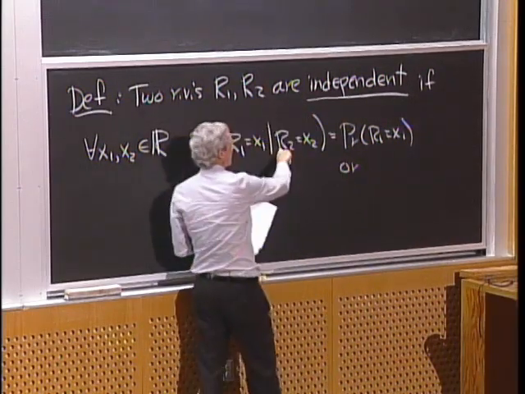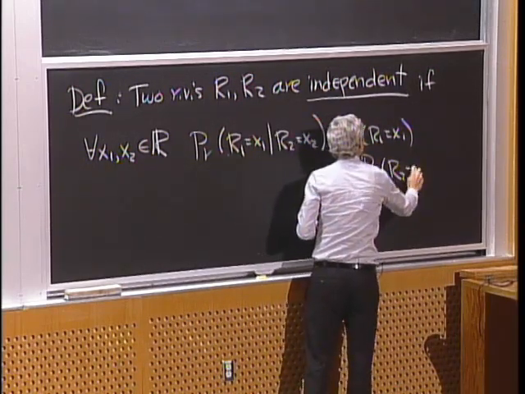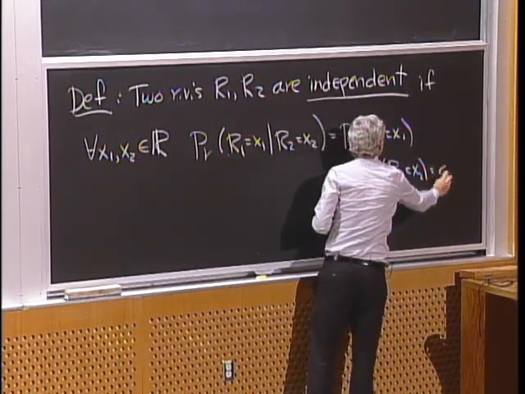Or there's a special case when this can't happen, namely the probability that R2 equals x2 is 0.